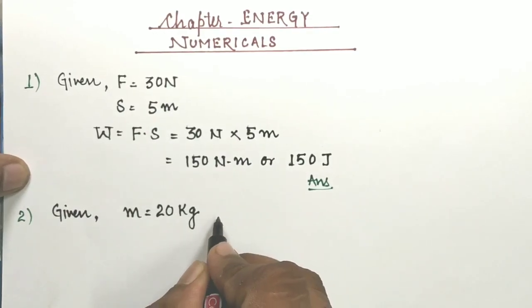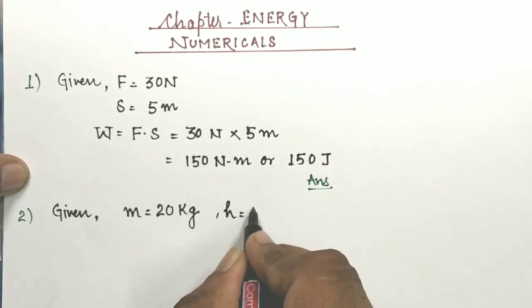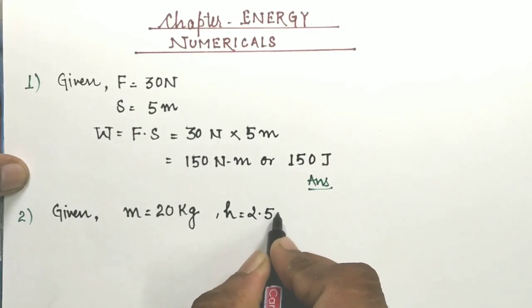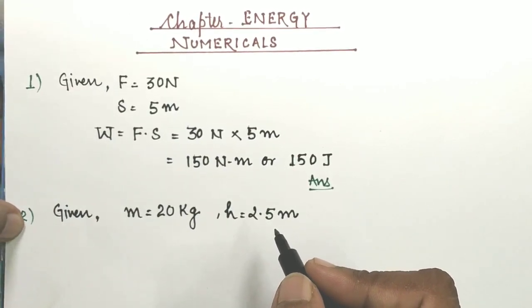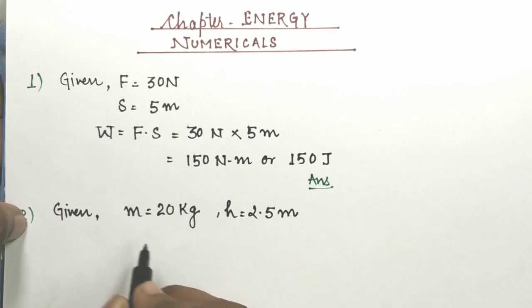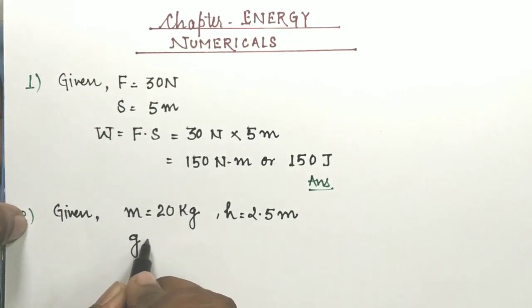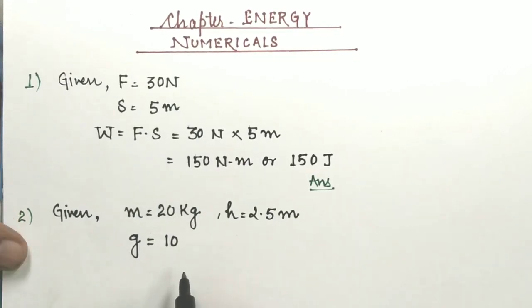It means that is the displacement, h is given as 2.5 meter. Assume that the force of gravity on 1 kg is 10 Newton. It means that the acceleration due to gravity, small g, is given as 10.